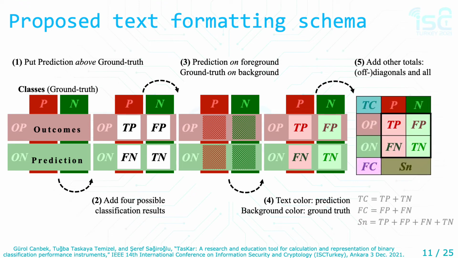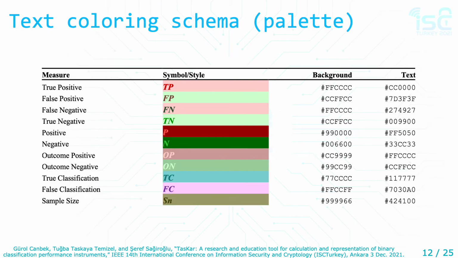After adding the other 3 totals, diagonal and off-diagonal, and 4 totals, into the initial 2 ground truth and 2 outcome measures, we finally get these coloring schema for 11 base measures. Here you can see the complete palette definition of the text and background colors of those base measures.